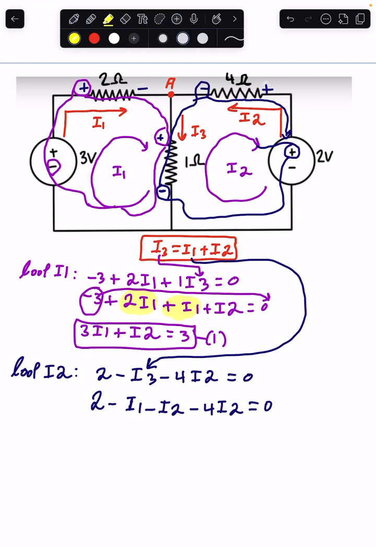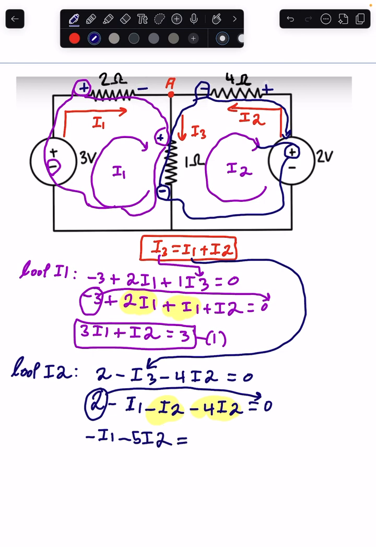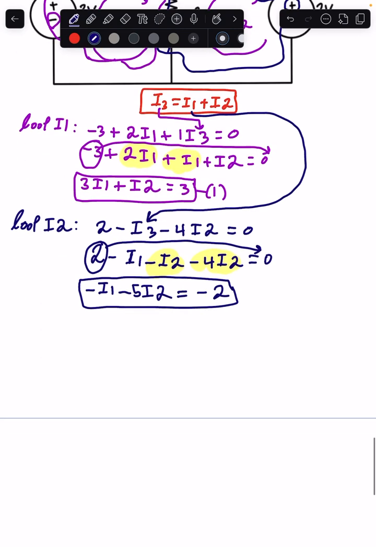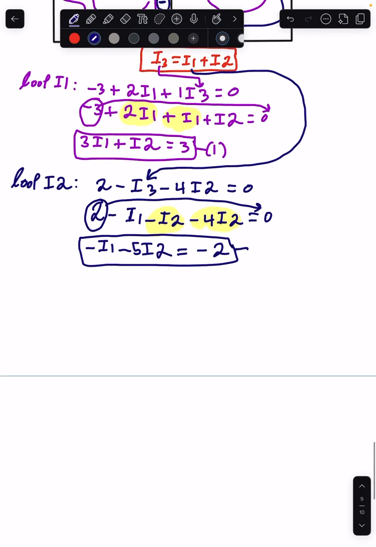Let's combine minus I2 with minus 4I2. This is the second equation.